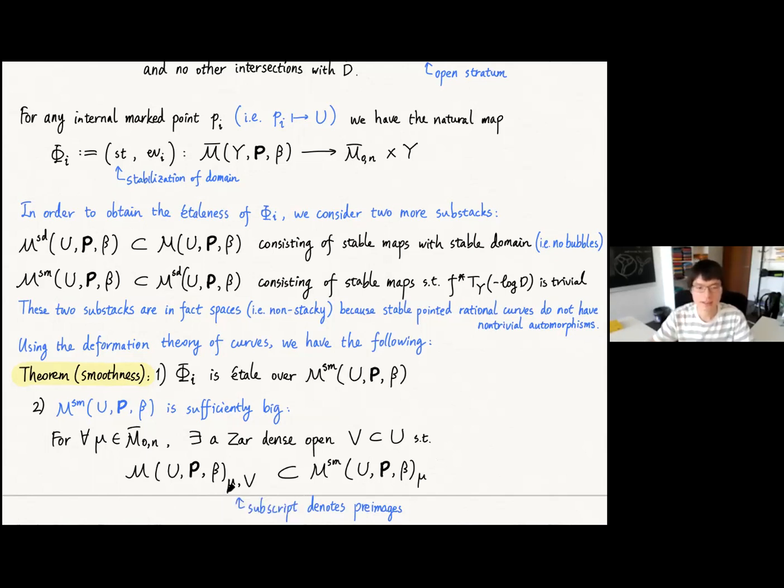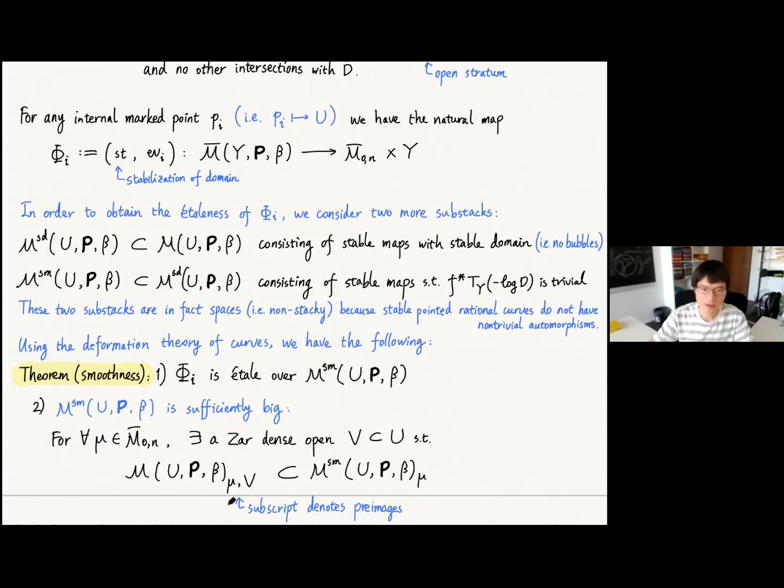Here the subscript denotes pre-images, and usually it's clear the pre-image by which map.